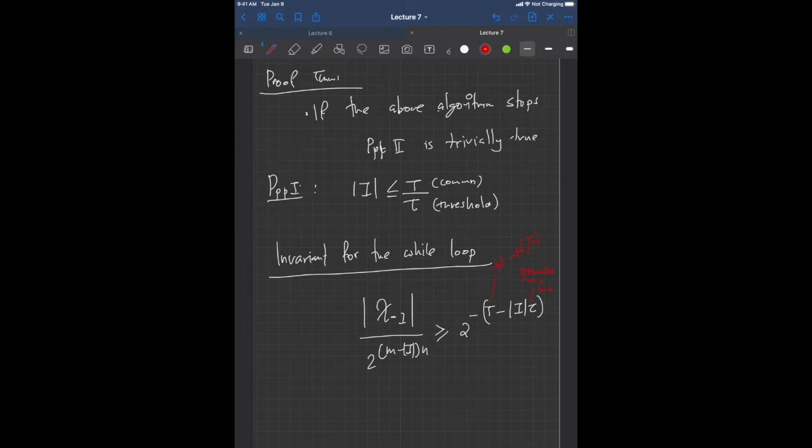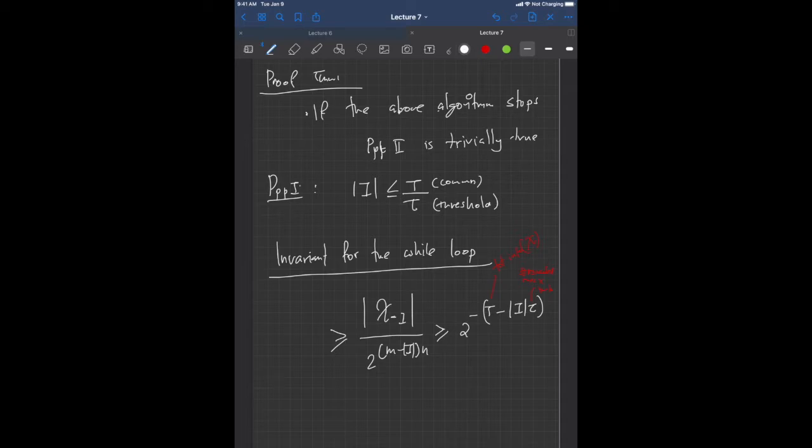And why is this invariant enough? I say that if we prove this invariant, we are done. Can someone give me an upper bound for this value? We don't know what X minus I is. This could be small or large.